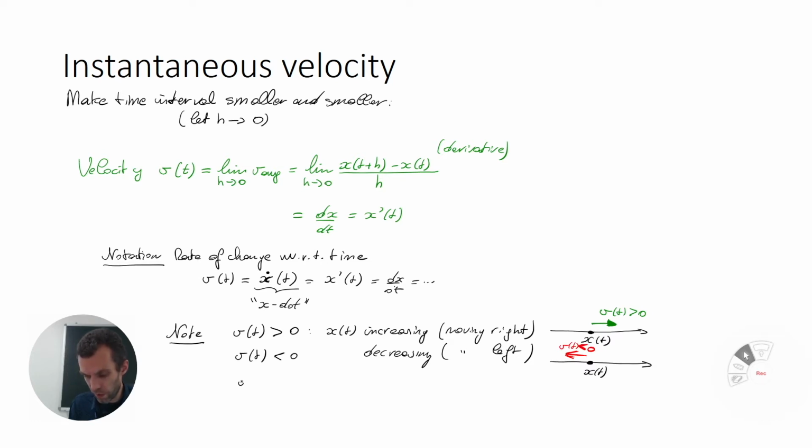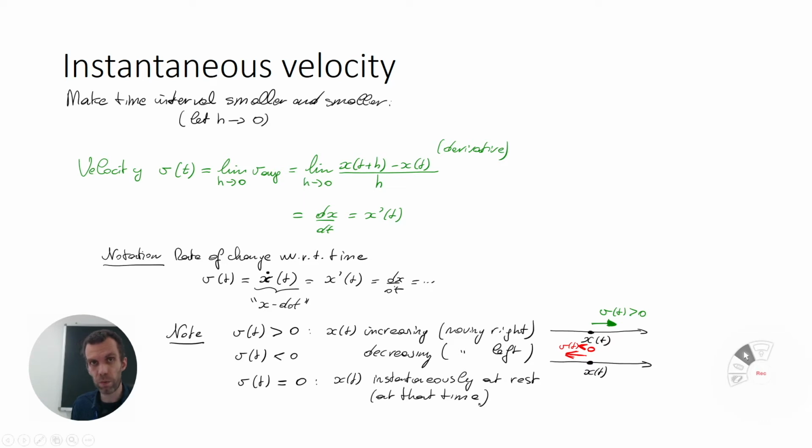And then the last case is v of t equal to 0. And here you have to be a bit careful. v of t equal to 0 means that the velocity is 0 at one specific point t. So we say that x of t is instantaneously at rest. So instantaneously means at that time.